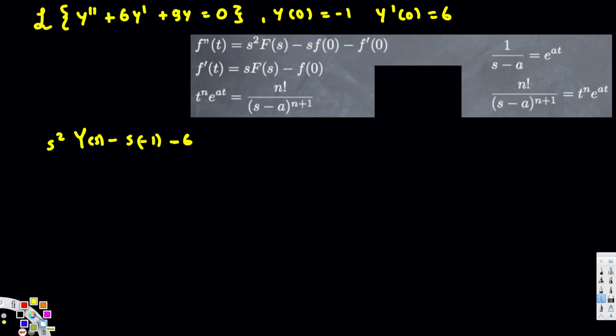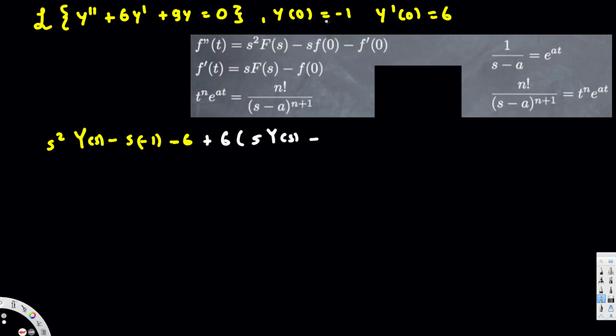Now let's use a different color for the second one. In the second one we have 6y prime. When we convert F prime of t into the s world, we get s F of s minus F of 0. So in our case we have 6 in front, and y prime turns into s capital Y of s, and we have minus y of 0.